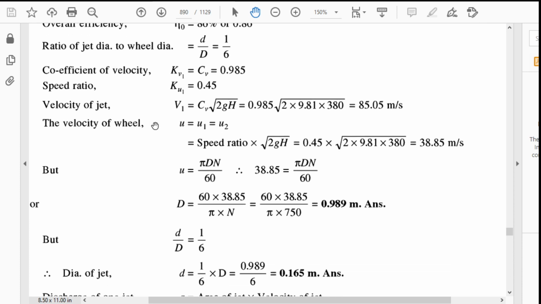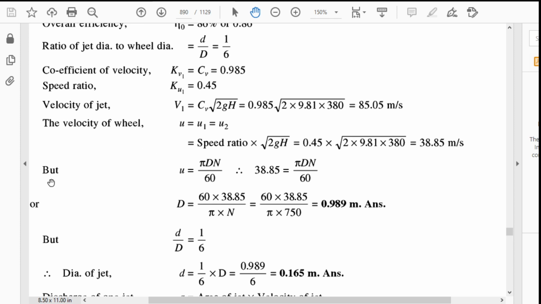Now the velocity of wheel, that is u, is not given, so by using speed ratio we can find it. Speed ratio into root of 2gH, that is phi into root of 2gH. I hope you remember the formula. Substitute the values here, you will get 38.85 meters per second as the velocity of wheel.